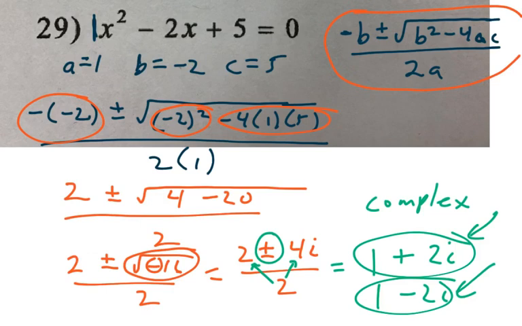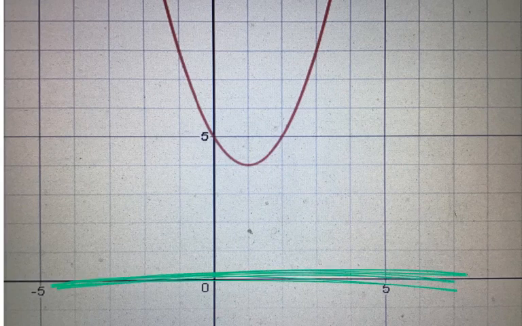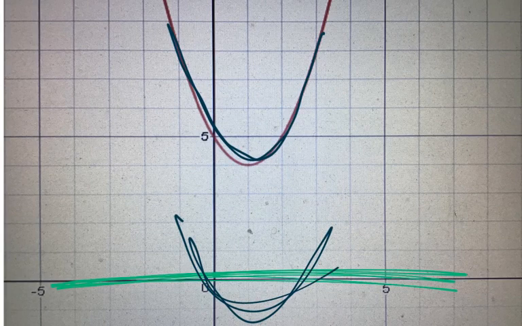And so that's how you would solve that one. This one you could not factor again. You would have to use the quadratic formula. And let's look at the graph to see if it makes sense. If we look at the graph, guys, notice the x-axis way down here. See again how the graph up here never crosses down here.